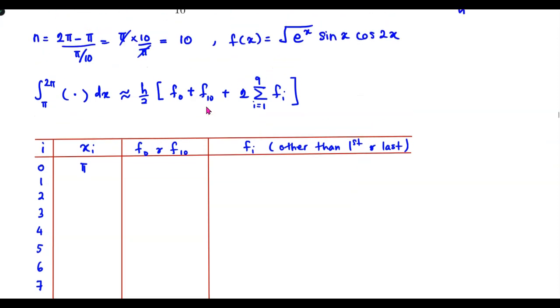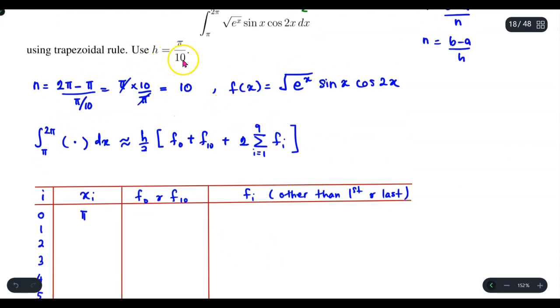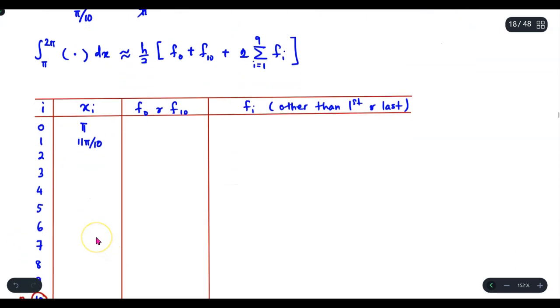Since our h is pi over 10, this value here is pi plus pi over 10, so you have 11 pi over 10. The next value would be 11 pi over 10 plus h, plus pi over 10, then you will have 12 pi over 10.